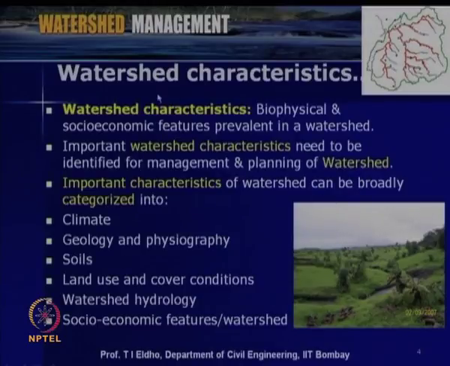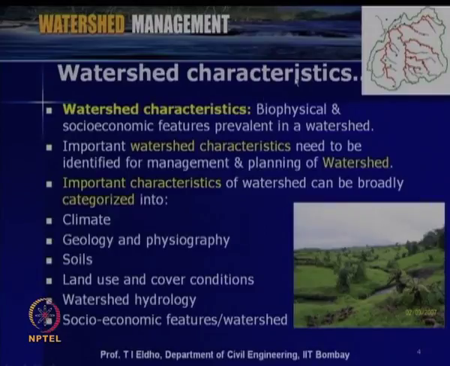We have seen many characteristics as far as the watershed is concerned. These characteristics we can broadly classify or categorize into climate related characteristics, geology and physiography related characteristics, soil related characteristics, land use and land cover conditions, watershed hydrology, and socio-economic features of the watershed.